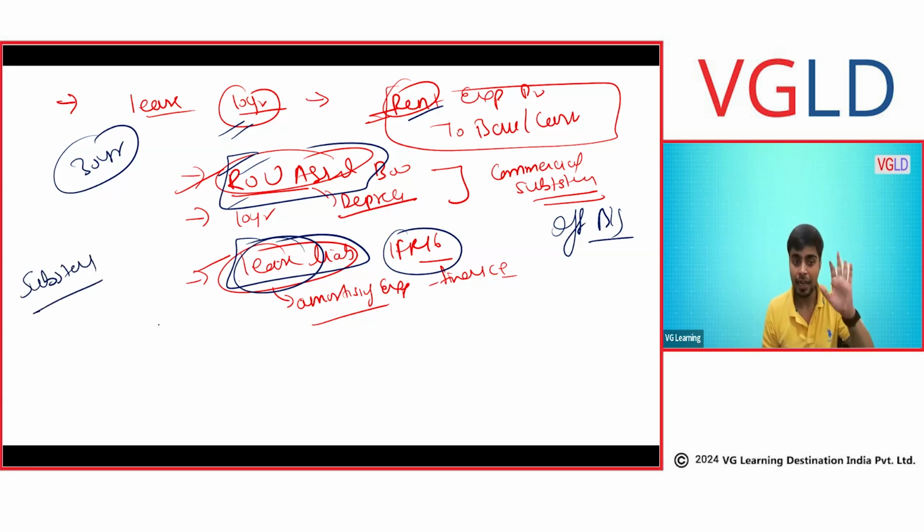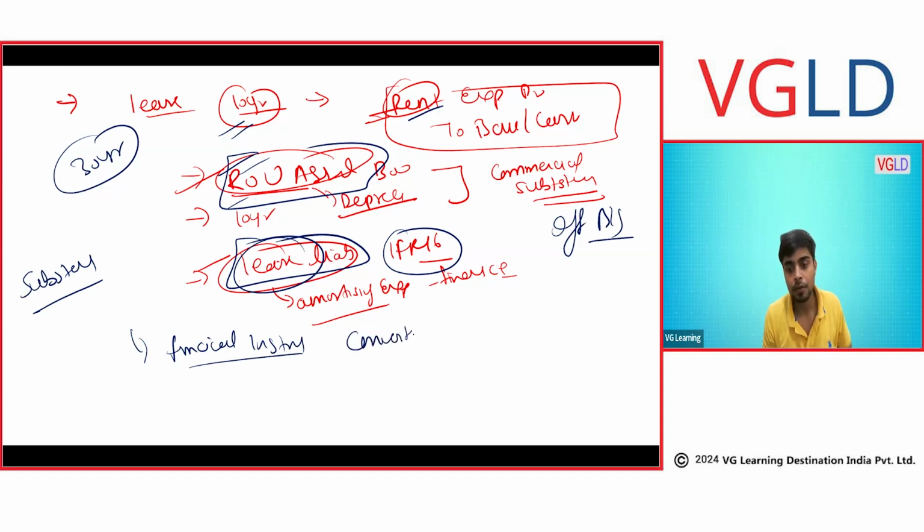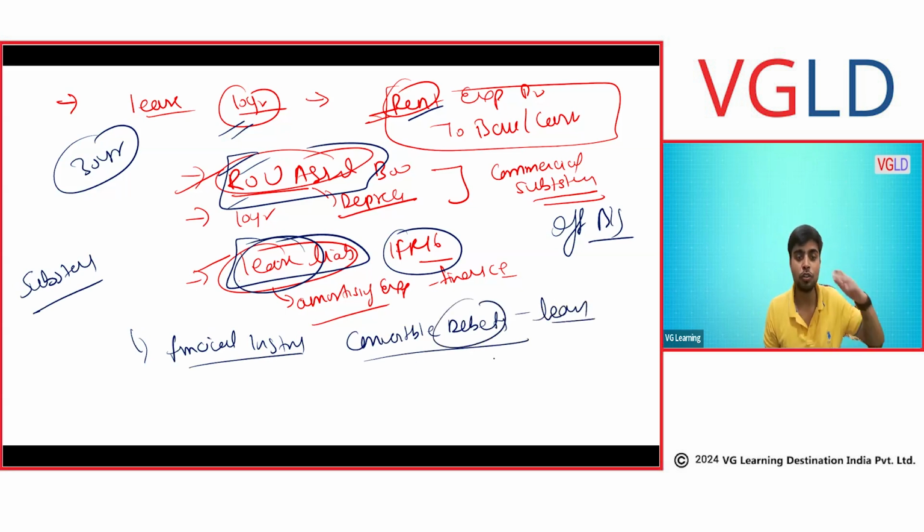What is happening in real terms? Another example is financial instruments. If you have studied financial instruments, where you issue a convertible debenture, many people would know that a debenture is normally a loan, so it should be shown as a liability.